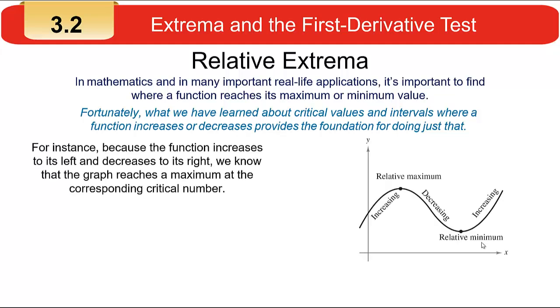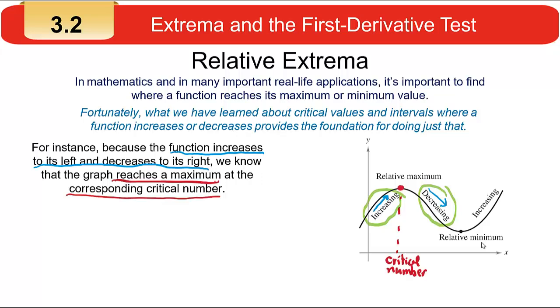For example, suppose I give you this function. We know that if it's increasing on the left of a point, and then at that point it turns down and starts decreasing, just looking at that graph, you can see that the graph has reached a maximum value at that point, and the x value of that point we're going to call a critical number.